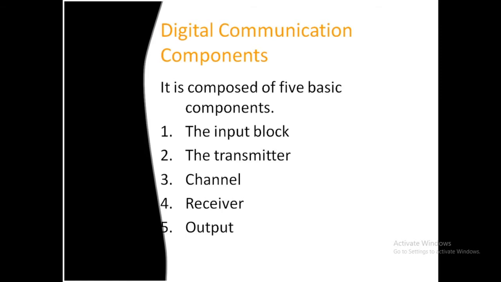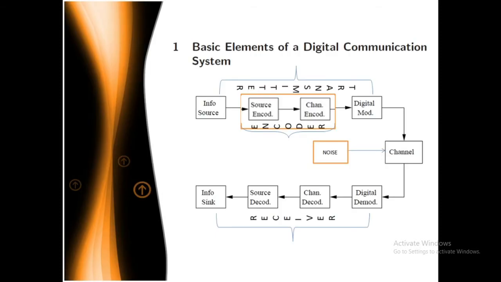Now let us see what blocks are present in the digital communication system. Here we include the information source, which may be analog or digital, but here we are using a digital communication system, so first it will be analog in nature. Next we use the encoder block, then digital modulation, as we studied in previous slides.